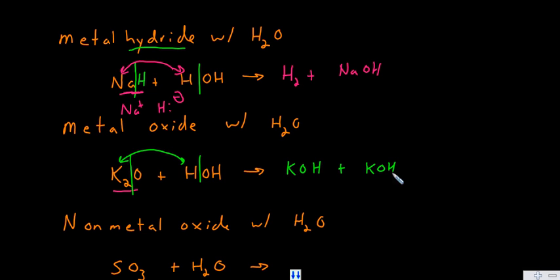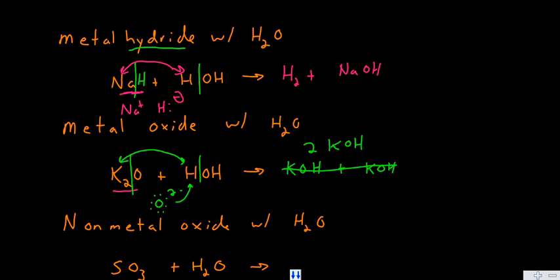So in fact, you form two potassium hydroxides here, and you're balanced. Another way to view this is potassium oxide. If you dissolve this in water, that gives an oxide ion, which is a very strong base, and so it will pick off one of the protons from water to form hydroxide.